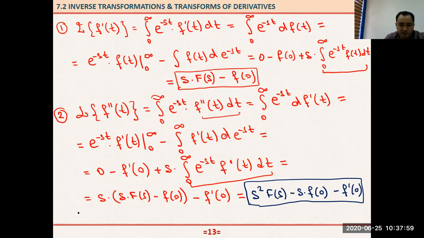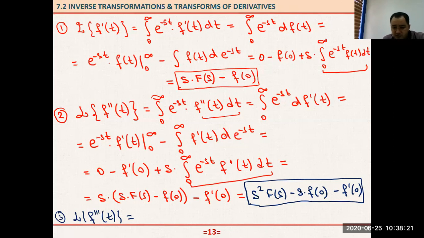And if you try to find the third one, for example, the Laplace transform of f triple prime, what do we get here? A very similar expression, right? If you notice, here we have s to the power 0, and here we have the 0 order of derivative.